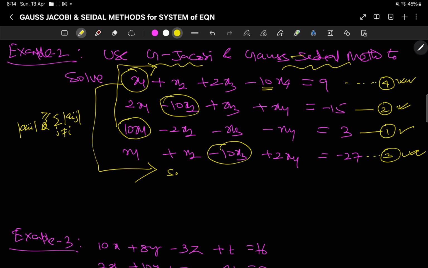After I solve it, at my fifth step the result will be x1, x2, x3, x4.